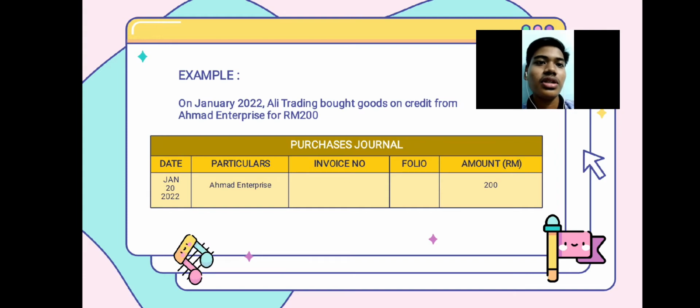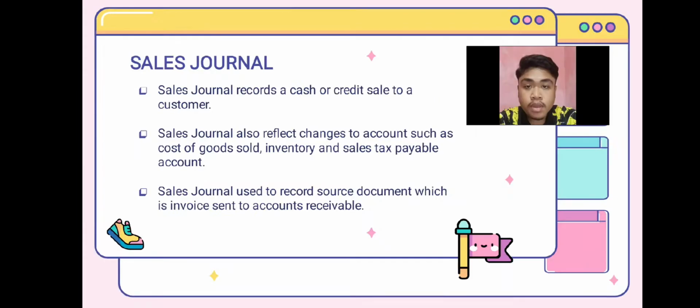Next, in the particulars section, write Ahmad Enterprise, which is the name of the supplier of the goods. After that, we continue with the amount column, which is RM200, because the invoice number and folio are not given in the question. That's all from me, and Assalamualaikum.